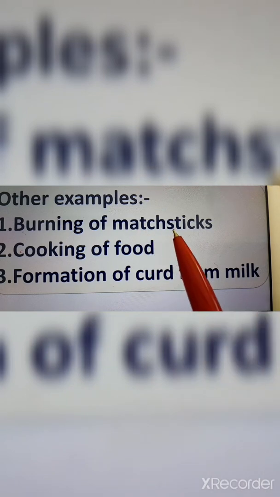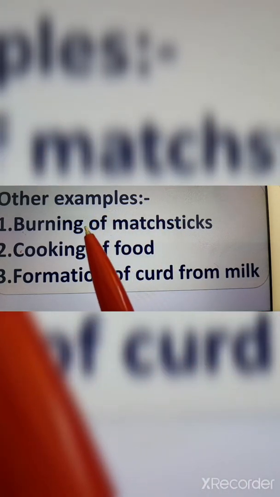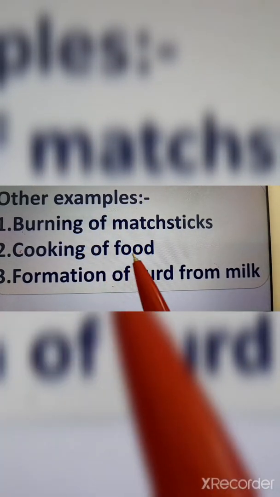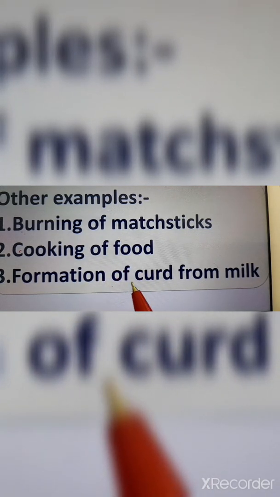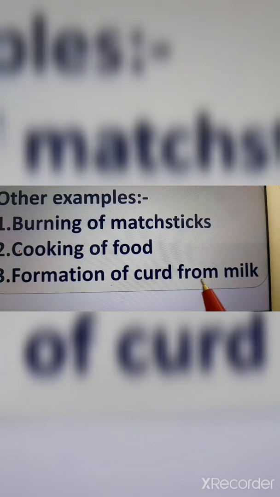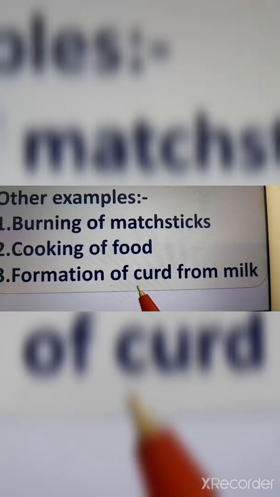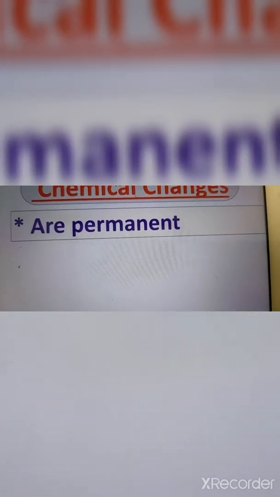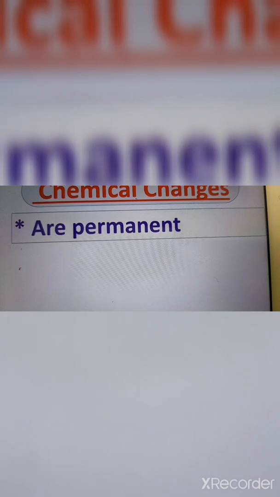For other examples: burning of matchsticks. We cannot get the matchstick back. Cooking of food and formation of curd from milk. If we form curd from milk, we cannot get back the milk again. Okay. Now let's look at some points on chemical changes.